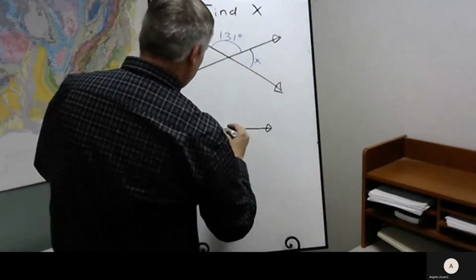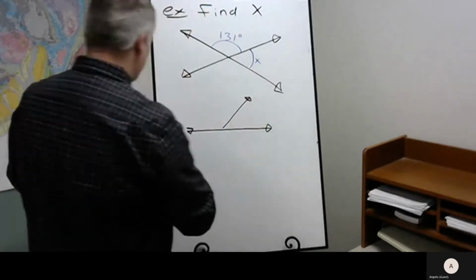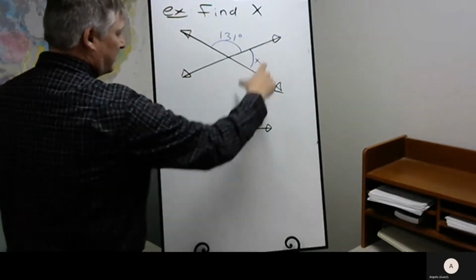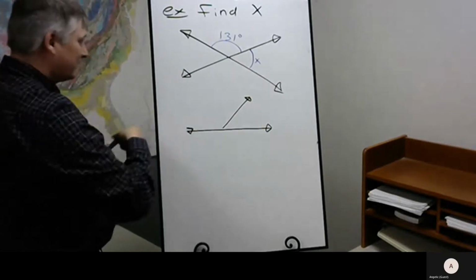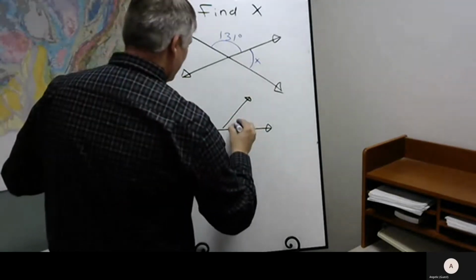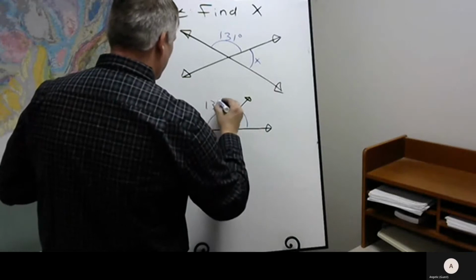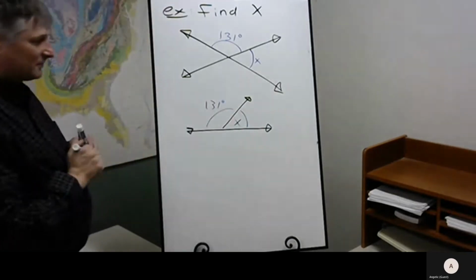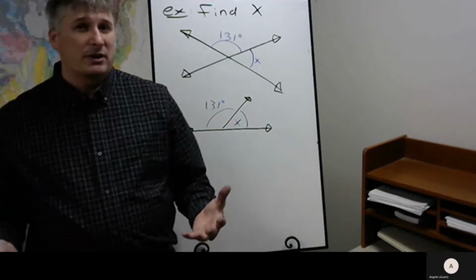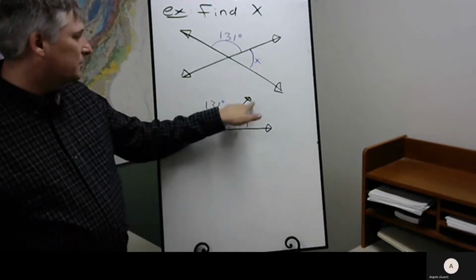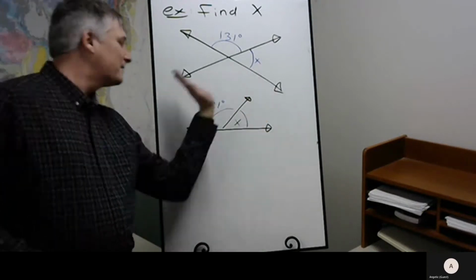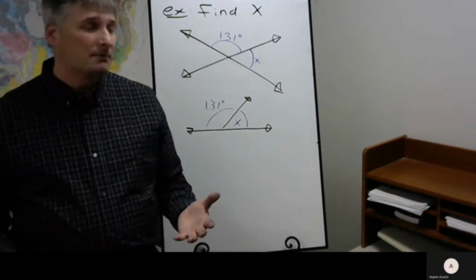And this part of the line is right here. Here's x. Here's the 131. Now, because this is a straight angle, the total degrees from this side to this side is 180.